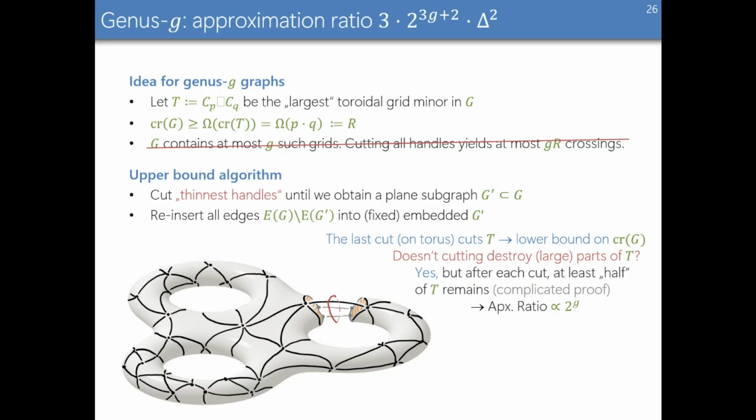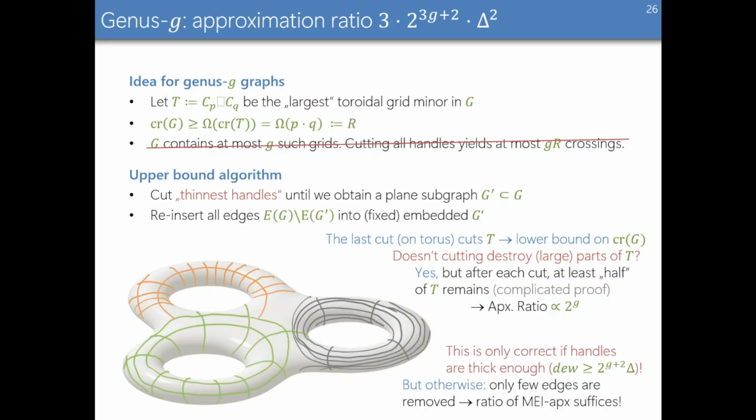Again, this is a simplification that's lying to you, because once you have a cut where you cut very few edges, that's a proof that you don't have a high enough dual edge width. And all the proof logic in the Graph-Minor theorems breaks down. But you don't need to care about that, because the funny thing is, if you cut along a curve where there are only few edges, then it's a constant number of few edges that you cut and that you need to reinsert.